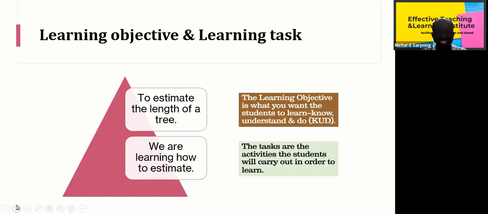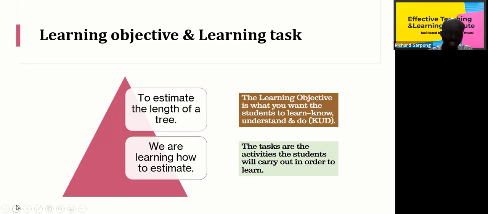But the learning is the ability to estimate things, knowing how to estimate things. So that is why, when you are writing the learning objective, you will have to take the context or the task from it and state the learning as it is.